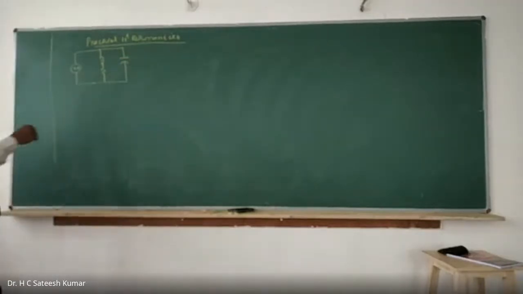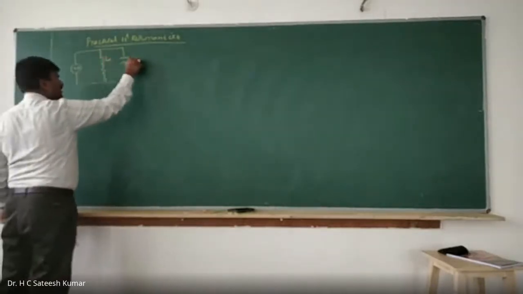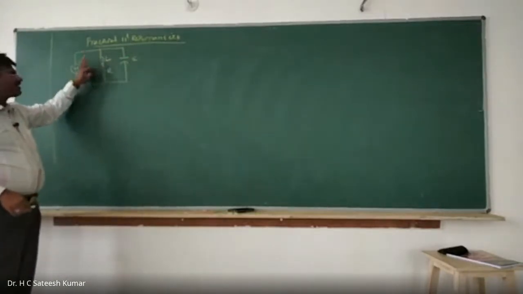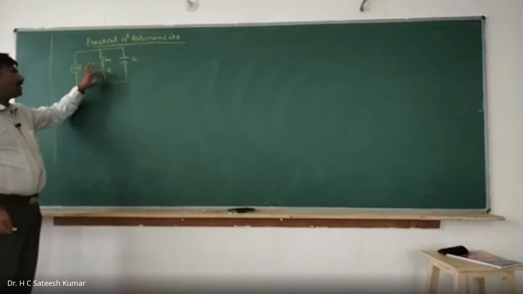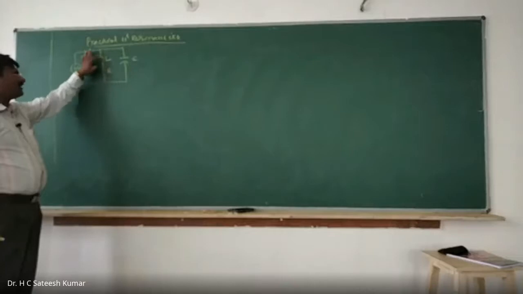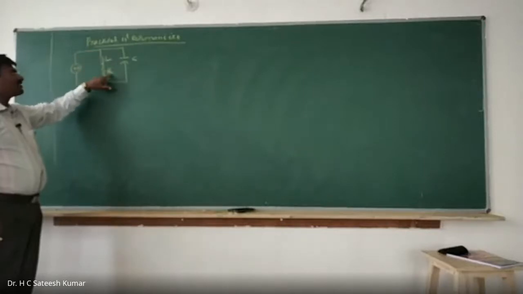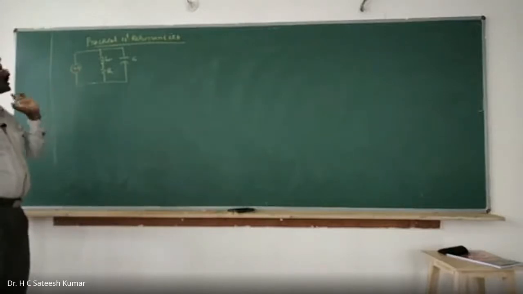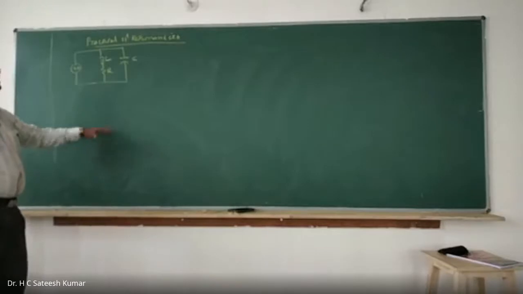If you have L here, C here, R here, every inductance has some resistance, and therefore this resistance of the inductor always exists in series with the inductance. Hence, this is a practical coil having a resistance R. This kind of circuit we call the practical parallel resonant circuit, and we derive the expression for the cutoff frequency and resonant frequency of it.